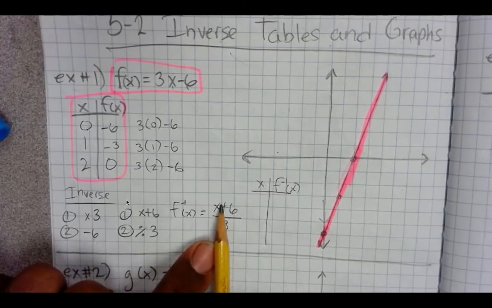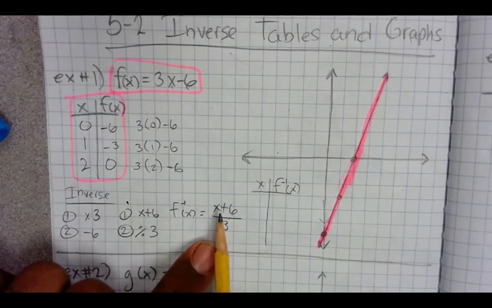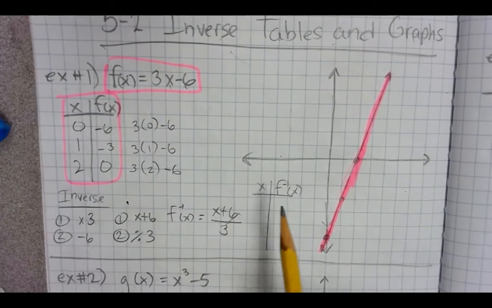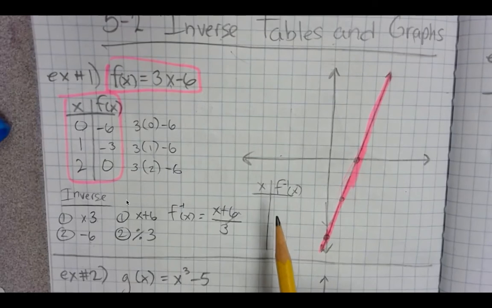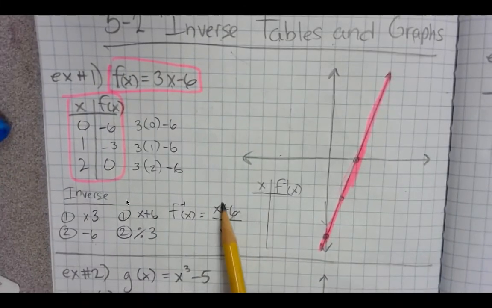However, if I just plug in anything, I might get a fraction, and I don't want to graph fractions, right? So if I plugged in, let's say 1, right? 1 plus 6 is 7. 7 divided by 3, I can't divide that. Now I got a fraction. So what do I want to make sure the number on the top ends up being? What type of number? A multiple of 3.